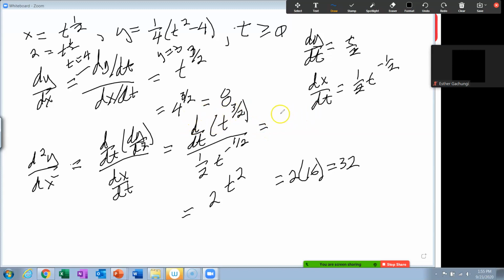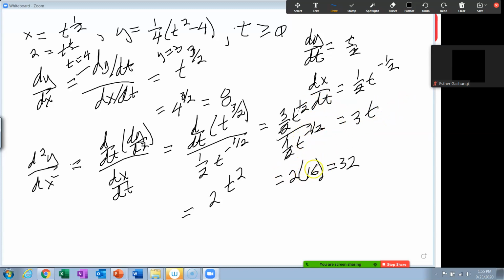The derivative of this is 3/2 t to the 1/2. And that's what we divide by 1/2 t to the minus 1/2. And again, the 2's go out, and that gives you 3, and then this one flips over and becomes 3t.